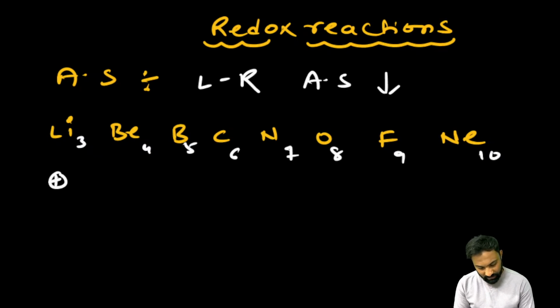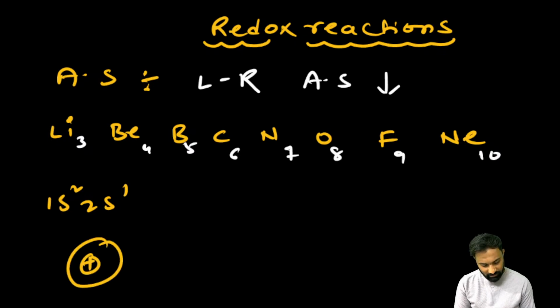Now the first shell we are having is 1s2 and the 2s1, right? For every element we are having 1s2, 2s2. Next 1s2, 2s2, 2p1.